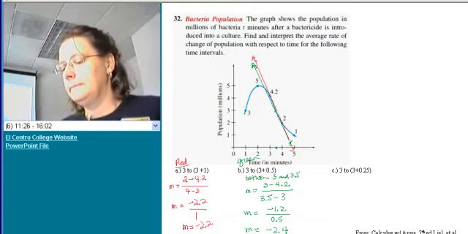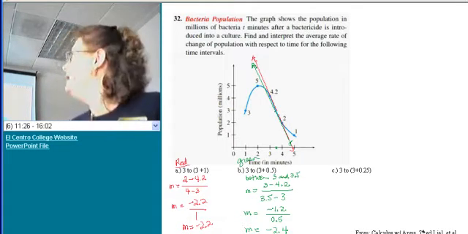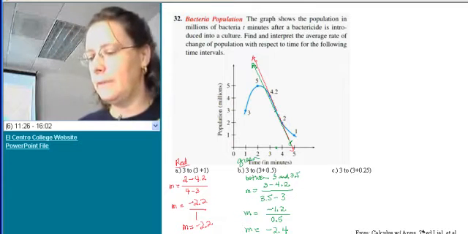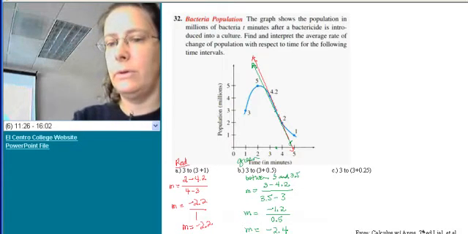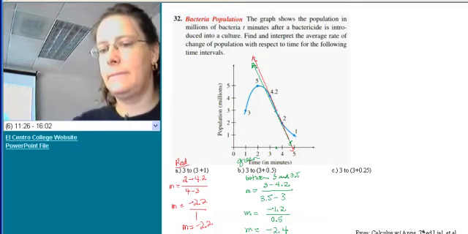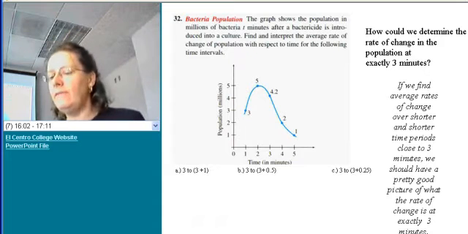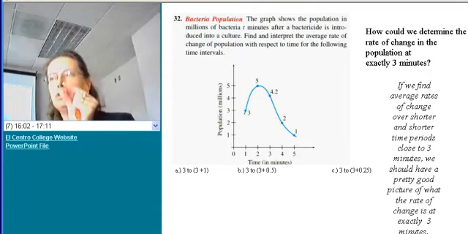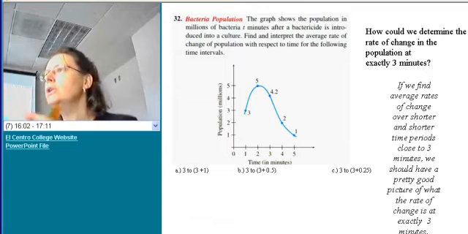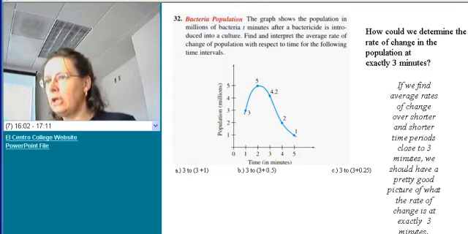Okay? The idea here, and I know I'm almost out of time, what I'm after showing you here is that it seems reasonable now, as we find average rates of change over shorter and shorter time periods between 3 and something else, as we get closer and closer to 3.